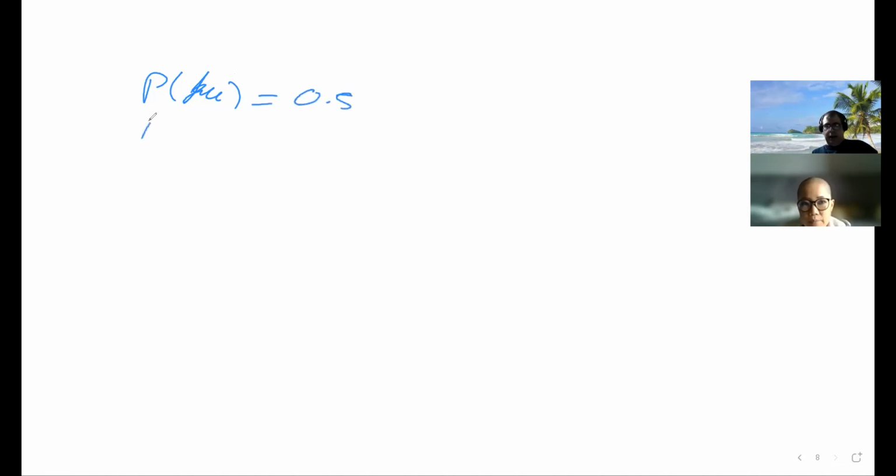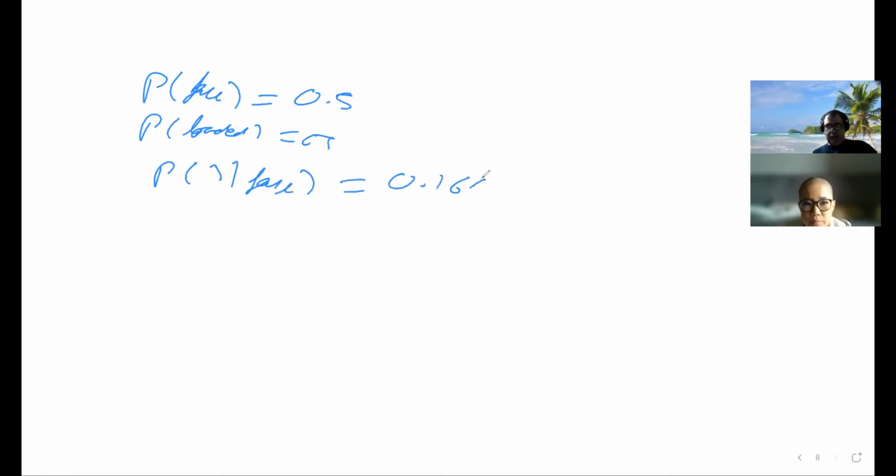And the probability of getting a loaded die is also 0.5. And it has been given that P(3|fair) is equal to 0.166, and P(3|loaded) is equal to 0.6.